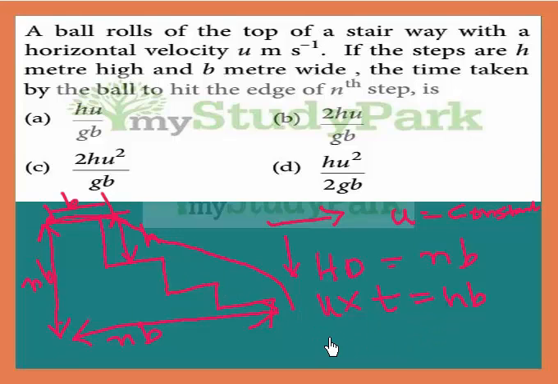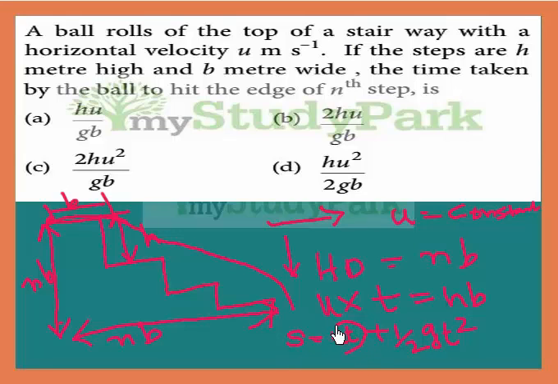So the ball is under the influence of gravity. The total distance traveled can be calculated using S equals ut plus half gt square, and I'm assuming the acceleration is the acceleration due to gravity.